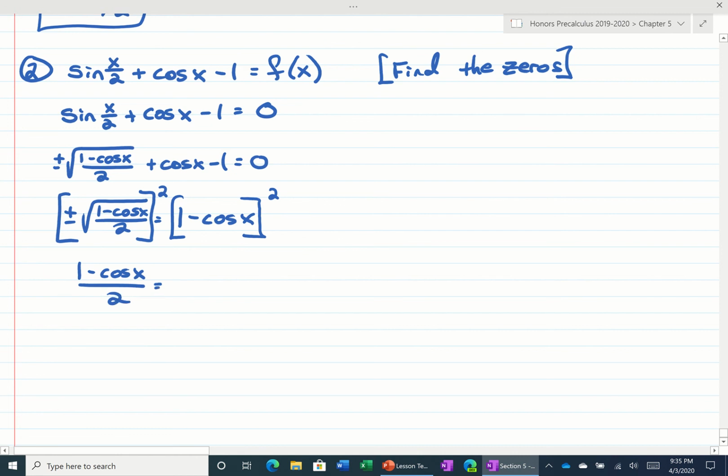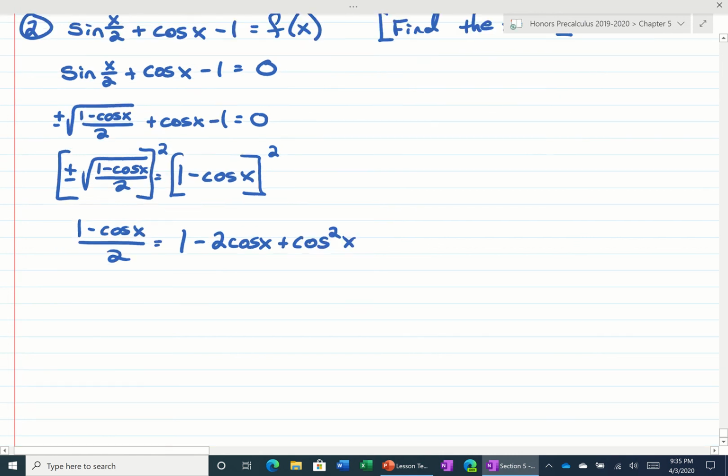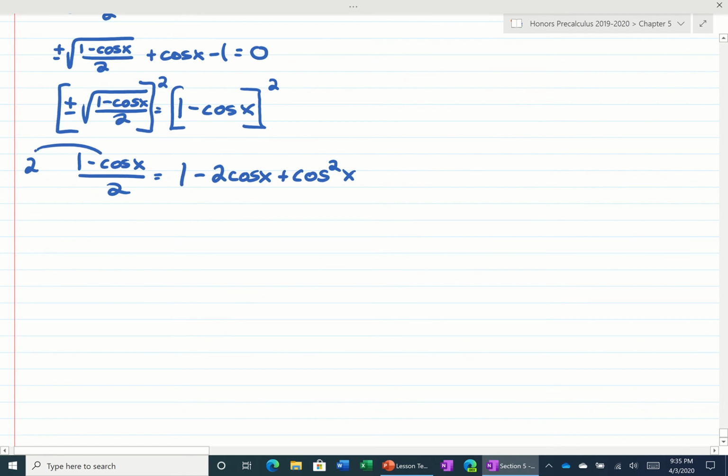And if we were to FOIL out the right side, if you do this, I'm going to disown you. I'm going to pretend like I don't even know who you are. But if you FOIL that out, 1 minus cosine times 1 minus cosine is 1 minus 2 cosine of x plus cosine squared of x. Let's get rid of fractions by multiplying everything by 2.